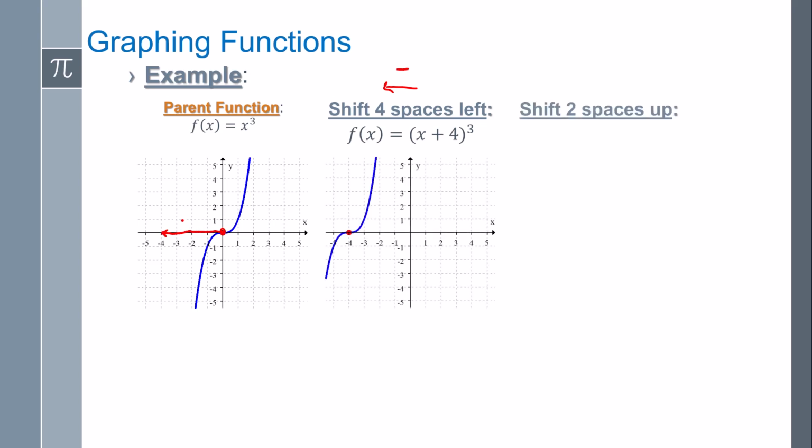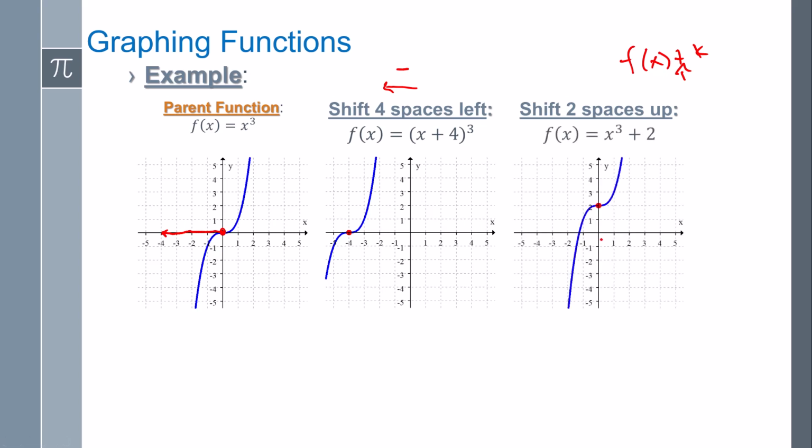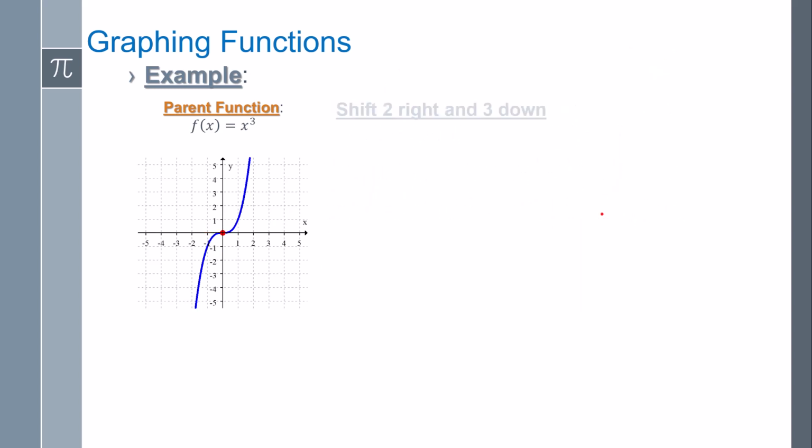If I wanted to shift it 2 spaces up, k, well, it's going to be f of x plus k. Because it says plus, plus means you do the same, and so it's going to be plus 2. You're going to shift your graph up 2 spaces. Normally it starts here, shifted up 2 spaces. If I wanted to combine that idea together, horizontal and vertical shift, x minus 2 cubed minus 3.